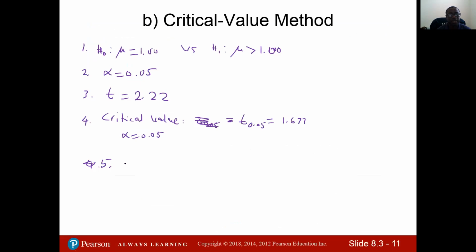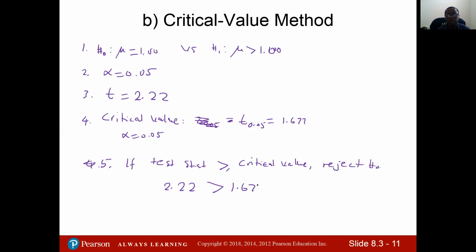If it's a right tail test and the test statistic is greater than or equal to the critical value, then we reject H0. So our test statistic is 2.22. Of course, this is greater than 1.677. And so again, in this case, we reject H0. Same decision that we arrive at using the p-value method.